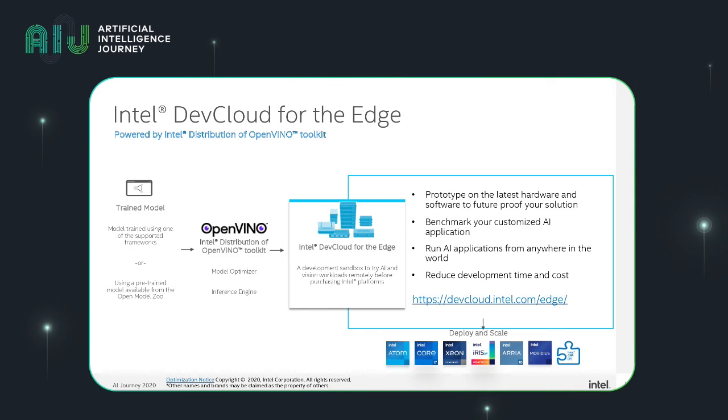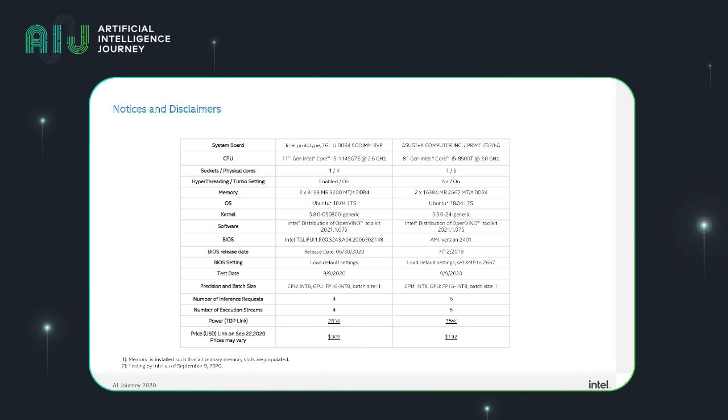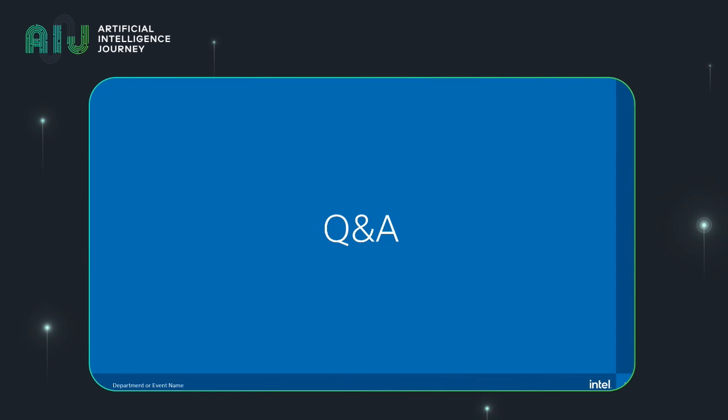And OpenVINO already is pre-installed there, and you can go there to see it right away, and there is the benchmark, where you can see the productivity, compare it with the productivity of your model, and maybe start writing your own application using OpenVINO. And here I prepared some of the links, and I'm sure you will get the presentation. There are some disclaimers with numbers of productivities, and we can now do the Q&A.